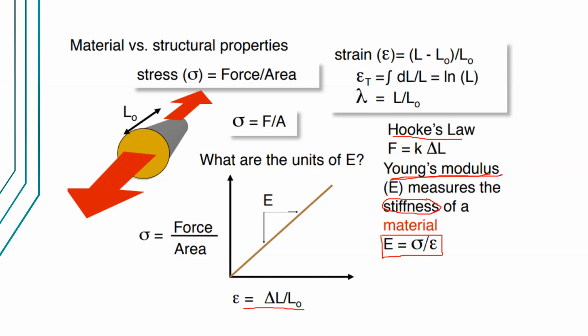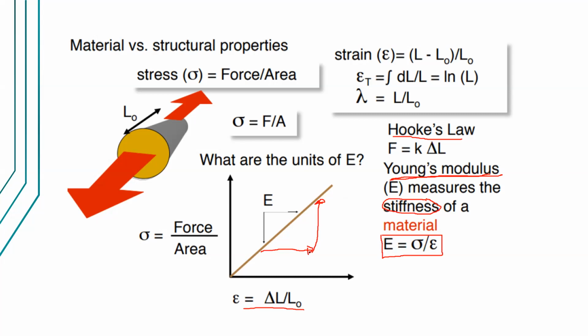Basically, what Hooke's law means is that if I apply some stress to a certain object, there will be an equivalent deformation.